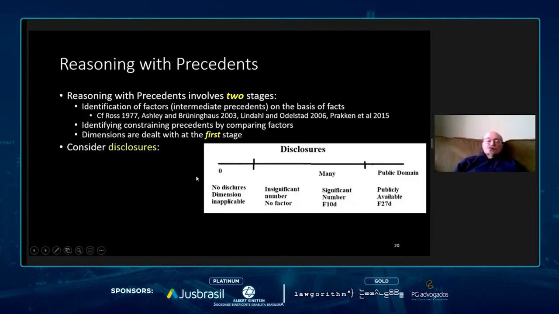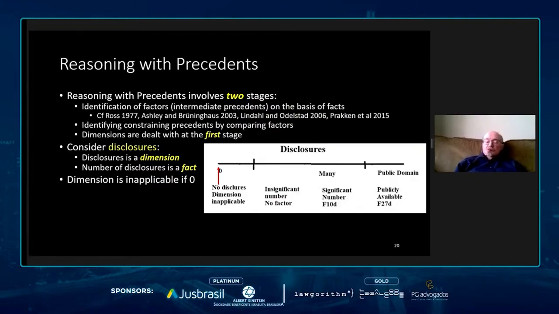Consider, for example, disclosures. The number of disclosures is a dimension, ranging from nought to very many. However, the particular number of disclosures in a particular case is a fact. If it's nought, the dimension is inapplicable, there's no factor.